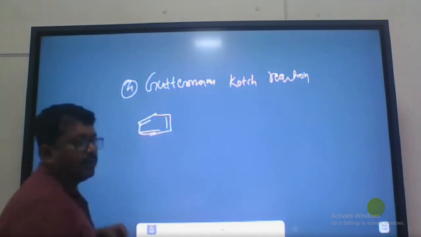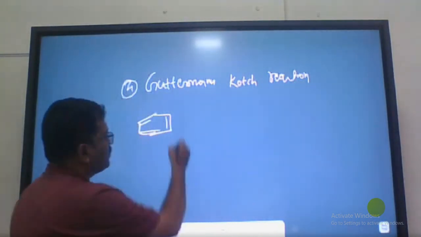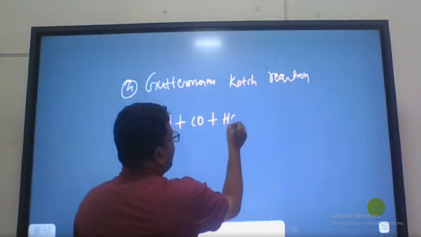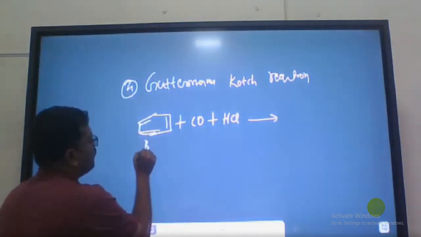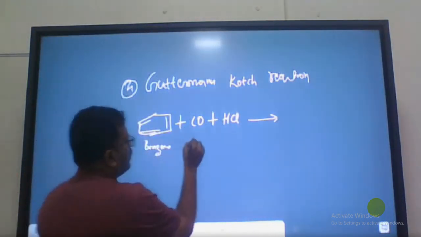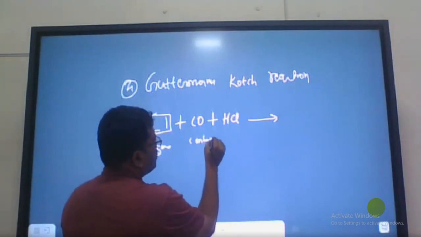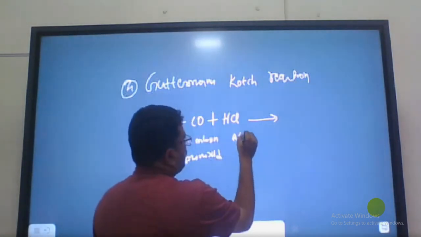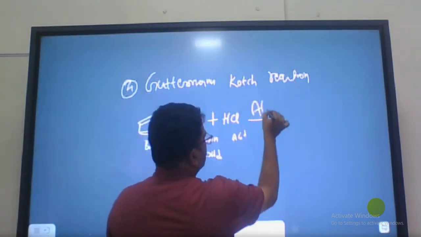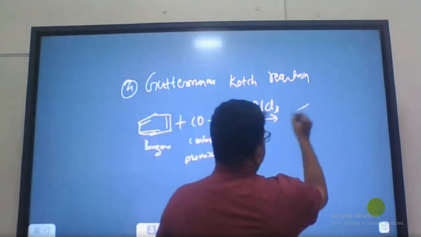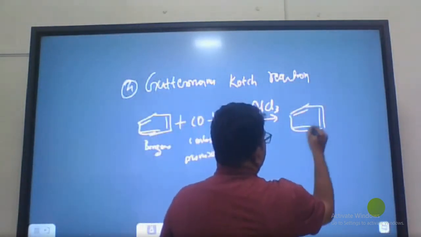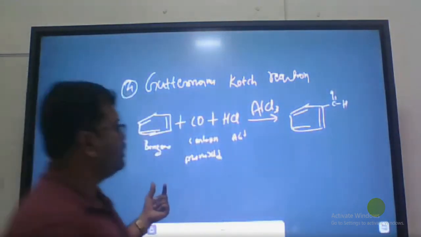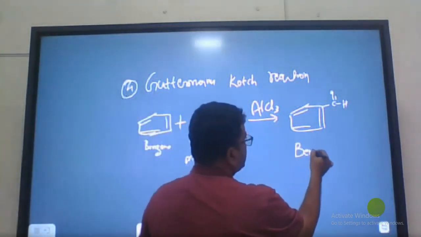So this is benzene, in the presence of carbon monoxide and hydrochloric acid, with a Lewis acid, it gives aldehyde. This is also a very famous reaction. So this gives benzaldehyde.